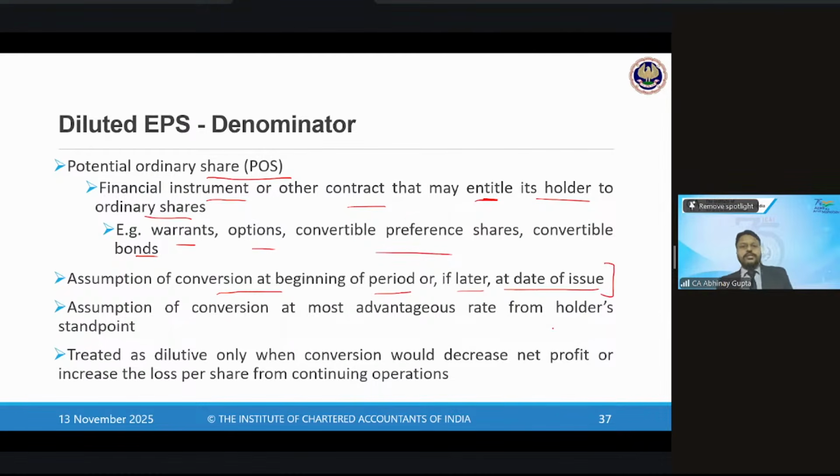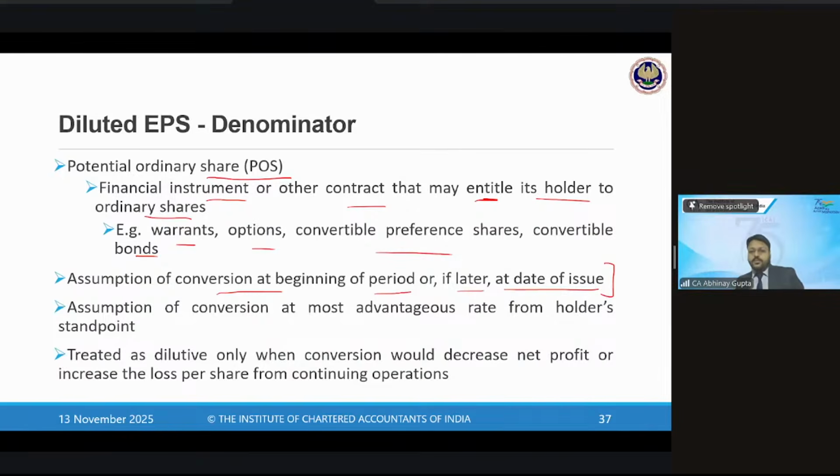So what does this mean? At the time of the issuance of these options, warrants, or convertible preference shares, the agreement says that one preference share will be converted into two equity shares, right? So that was the original agreement between the company and the preference shareholder.